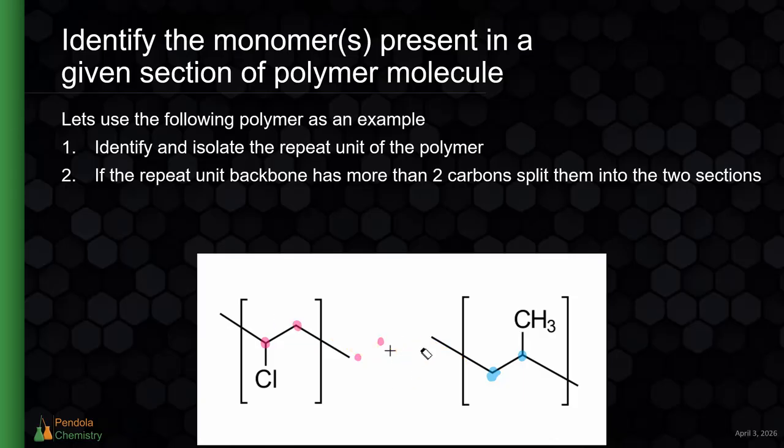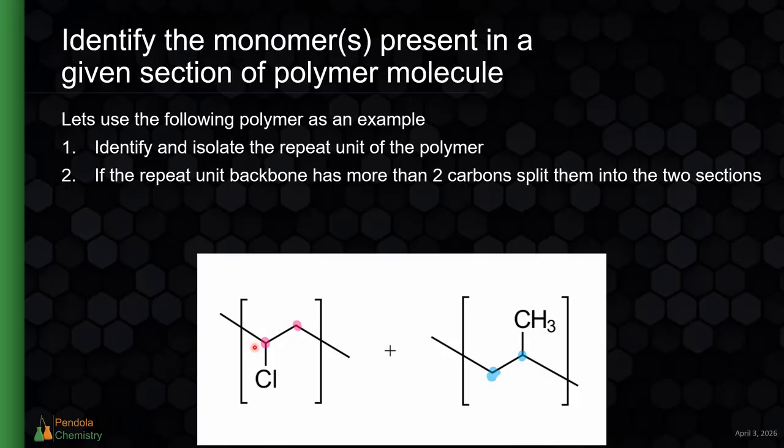Let me erase this from before. So we broke down our repeat unit even further into 2 monomer sections. Because that repeat unit has 4 carbons, this polymer had to be made from 2 different monomers.